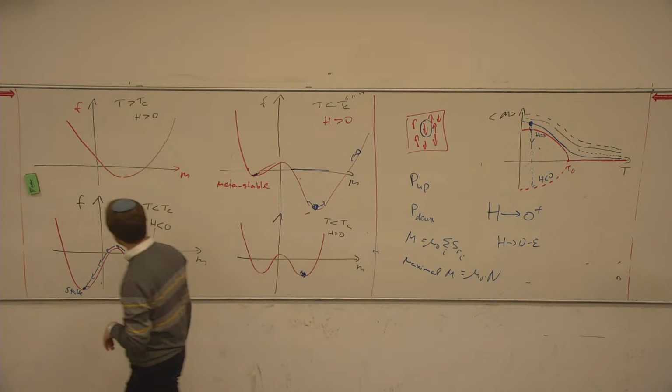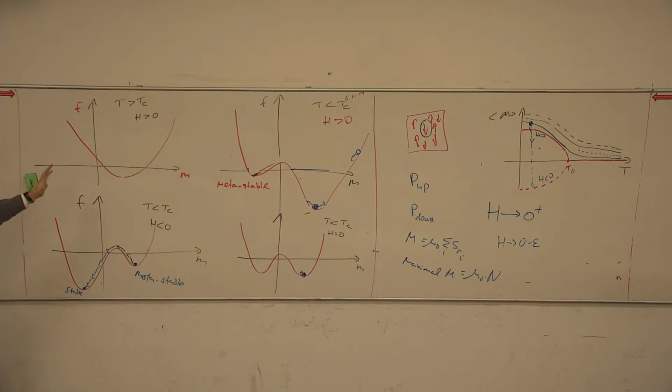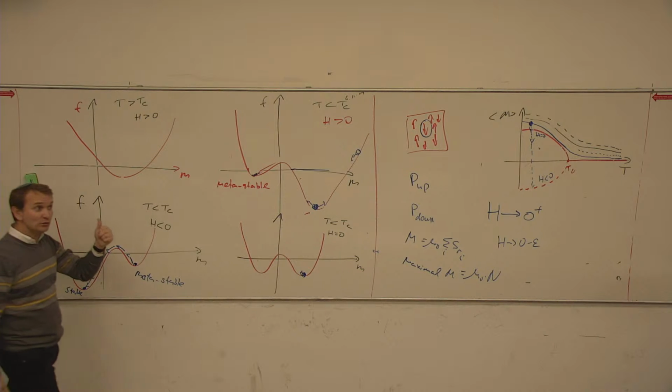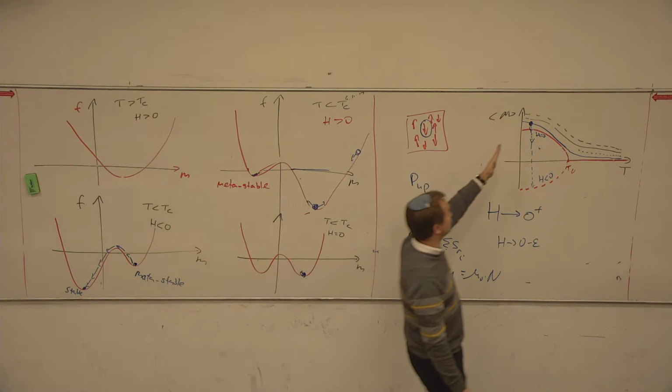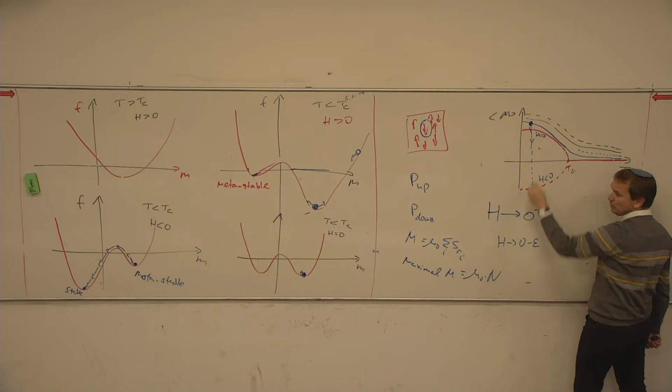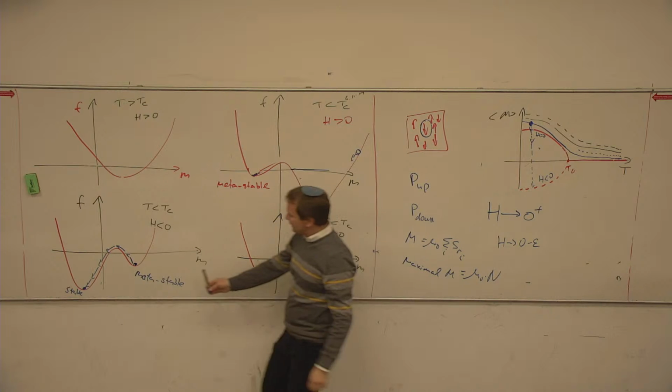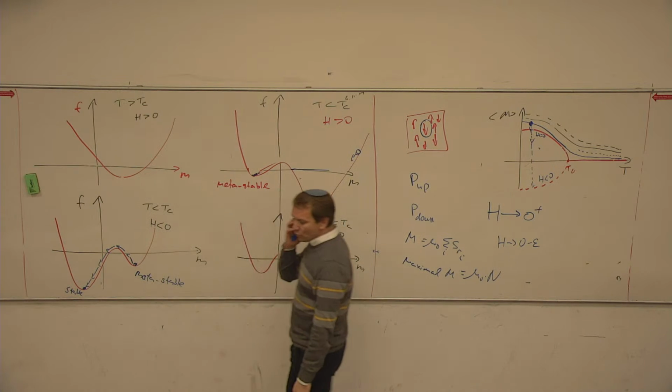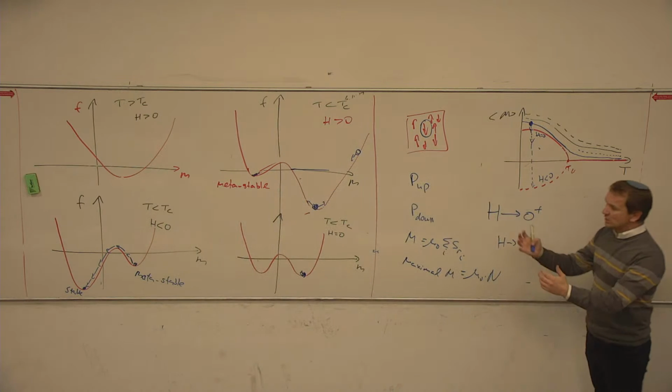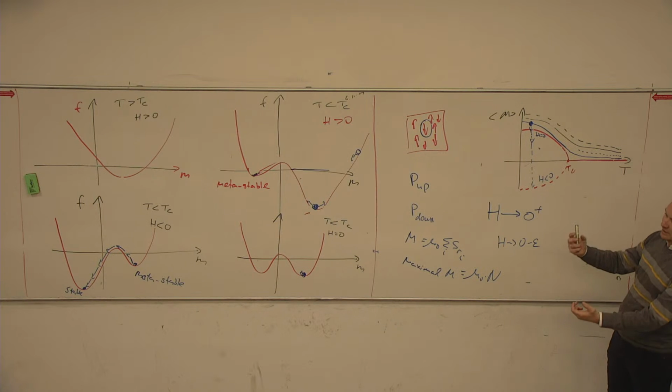All right? Okay, so if you think about it, as a function of h, we have a first order phase transition because we're performing this finite jump for the free energy. We're crossing from stable to metastable state.